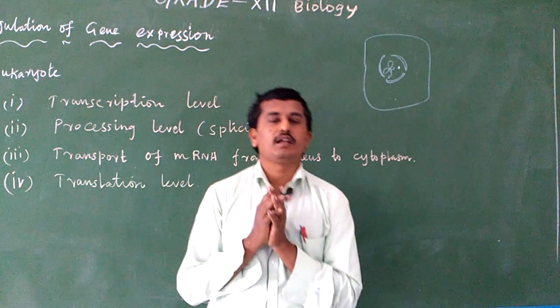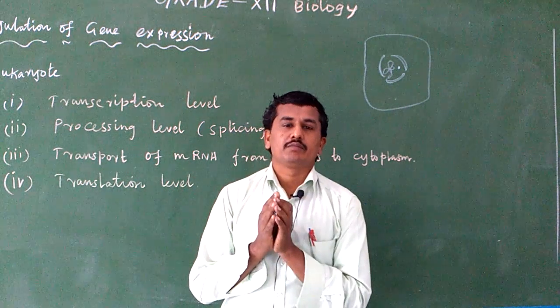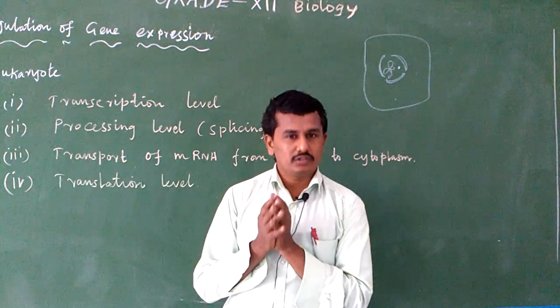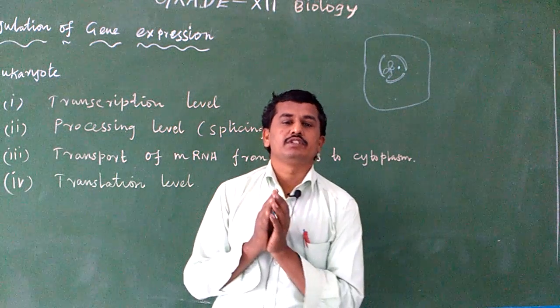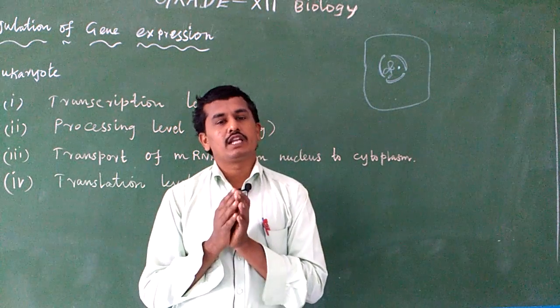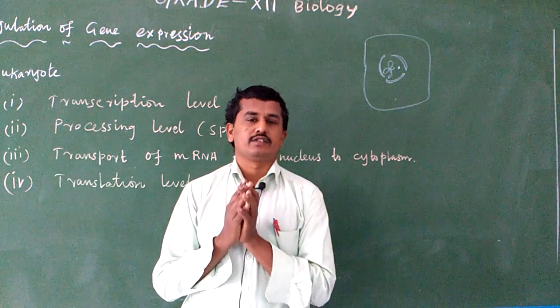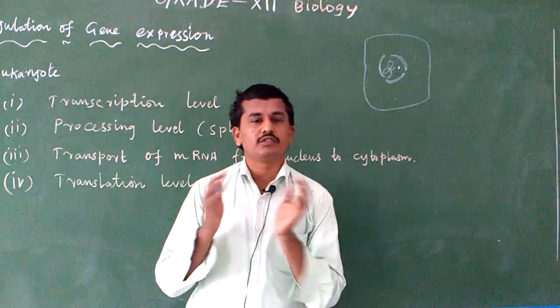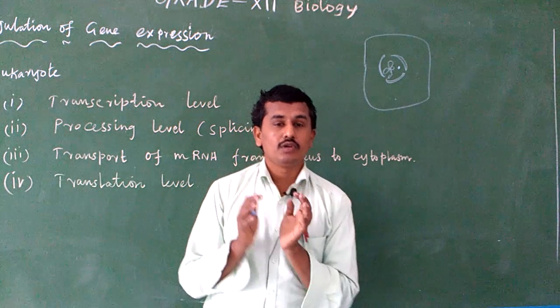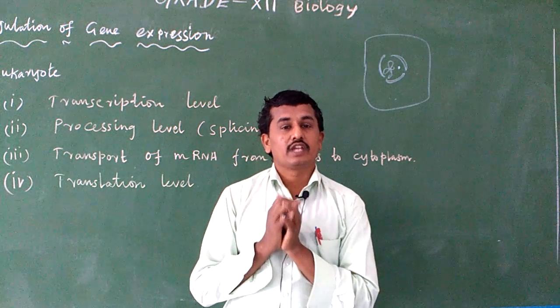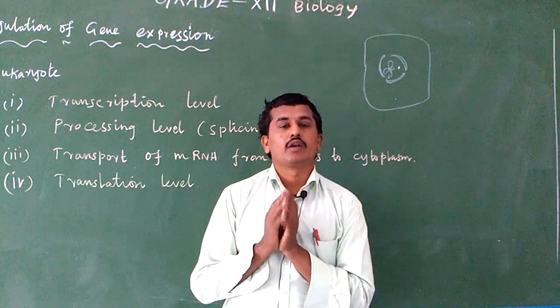Suppose the gene is modified, then the melanin pigment is also modified. Due to this modification, our skin color may change. Full melanin pigment means black, light melanin pigment means white, and medium melanin pigment means medium color. So our external skin color is controlled by one gene.